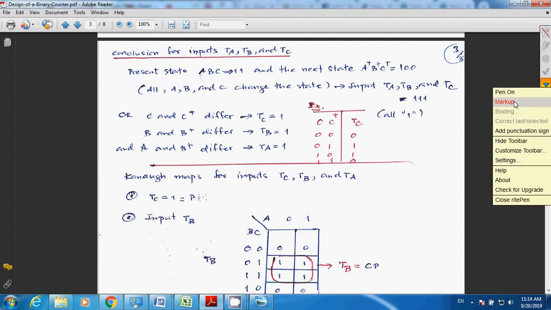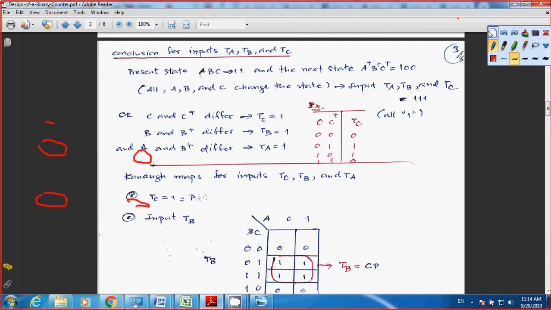That means when the present state is different from the next state, or changes state, your TC has to be 1, same as the TB flip-flop and also the TA flip-flop.